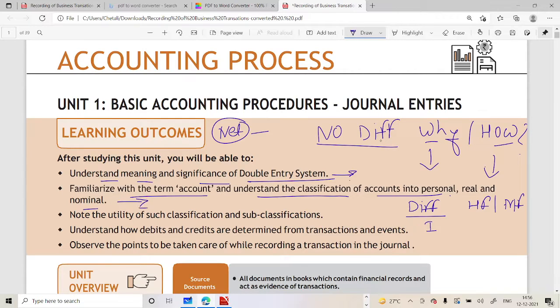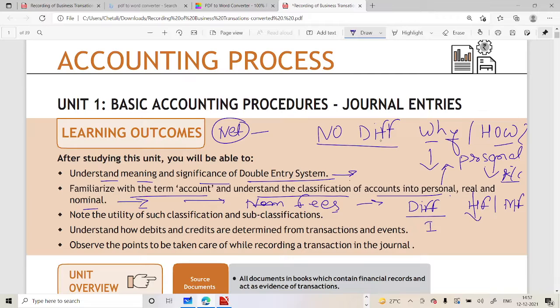This is also important because if you are from investment accounting, you will see the nominal account, because the fees that we charge to our investors are part of a nominal account. Then who pays those fees, the investors, those are again personal accounts.